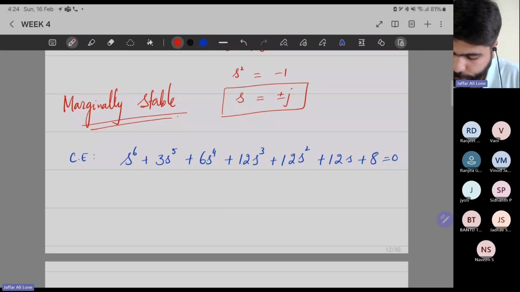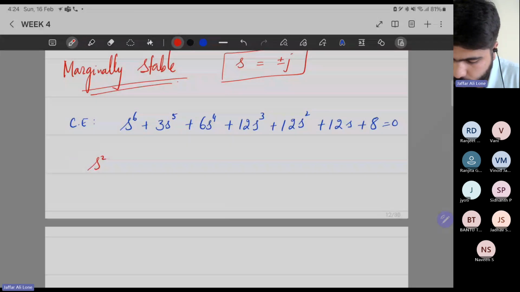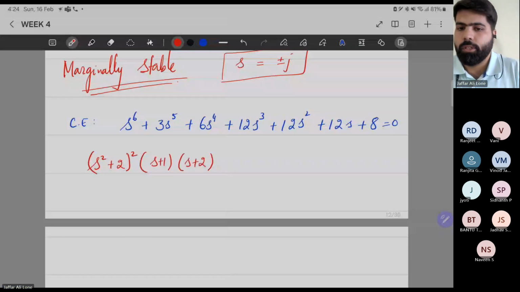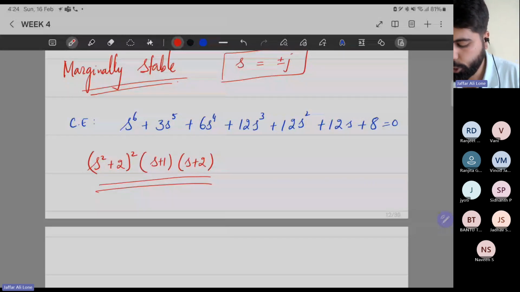Before that, if I factor this out, it will be (s square plus 2) whole square into (s plus 1) into (s plus 2). So this will obviously not be given. I'm just saying it for your simplicity, so this is the factored version of this equation.